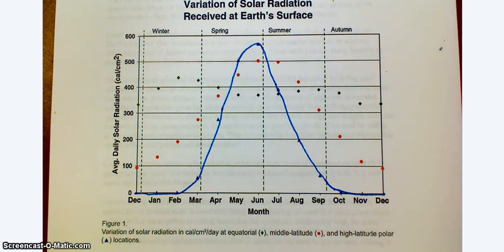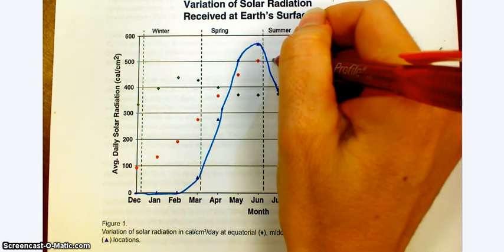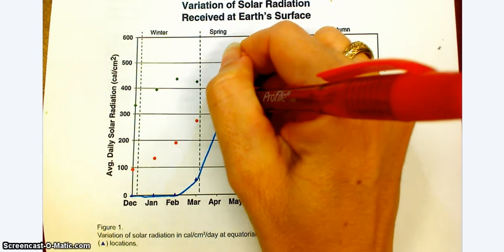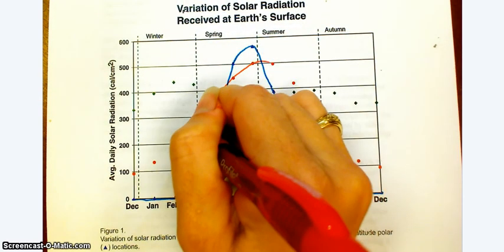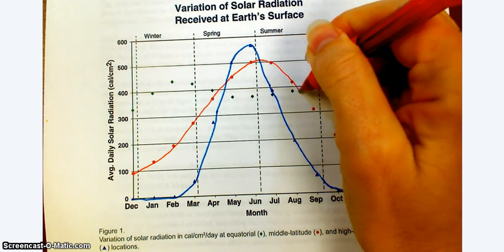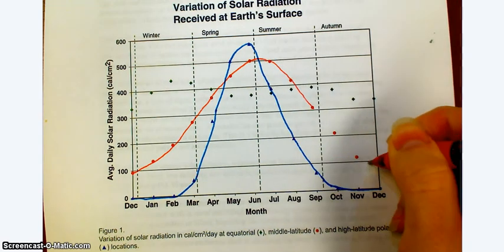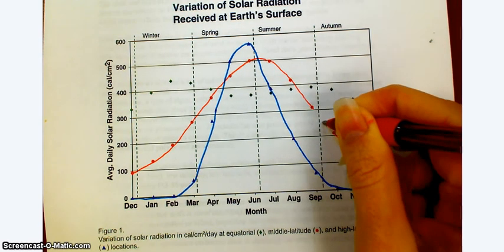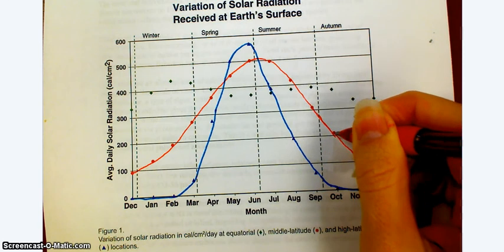The red dots are your middle latitude. That's the Brockport, New York location. Oops.